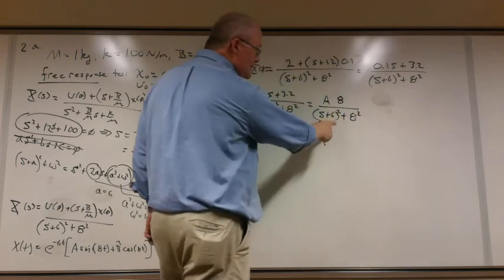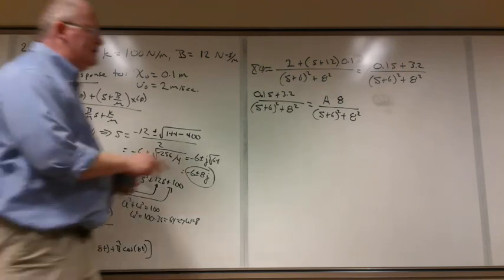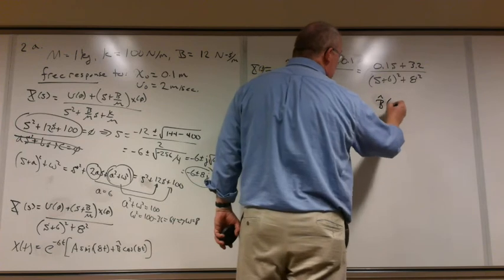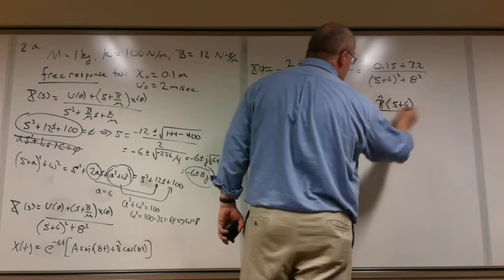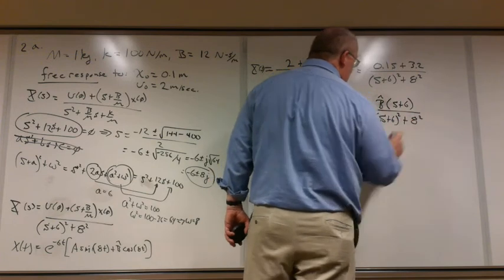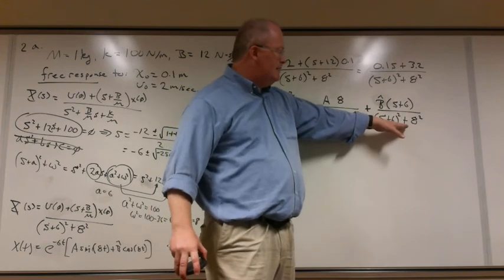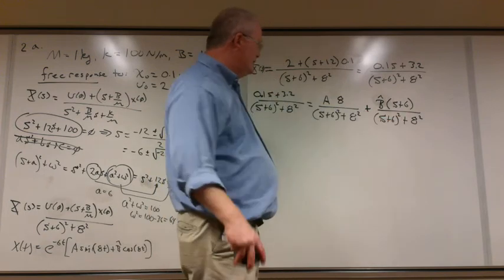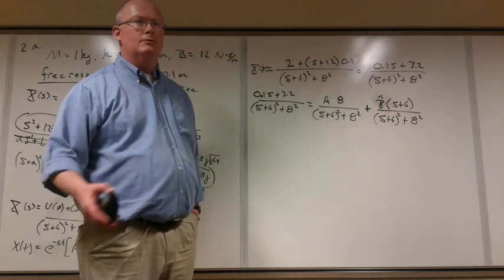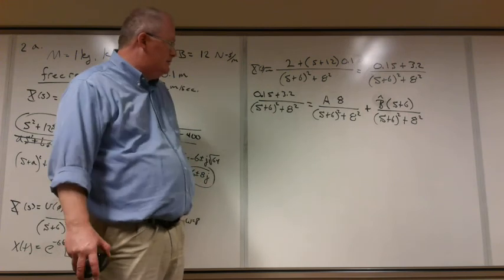This is a times the Laplace of e to the minus 6t sine of 8t. Plus b hat times s plus 6 over s plus 6 squared plus 8 squared. Again, this is the Laplace transform of e to the minus 6t cosine of 8t. Since we know that's the nature of the answer, we'll put it in that form here and then solve out using these equations.